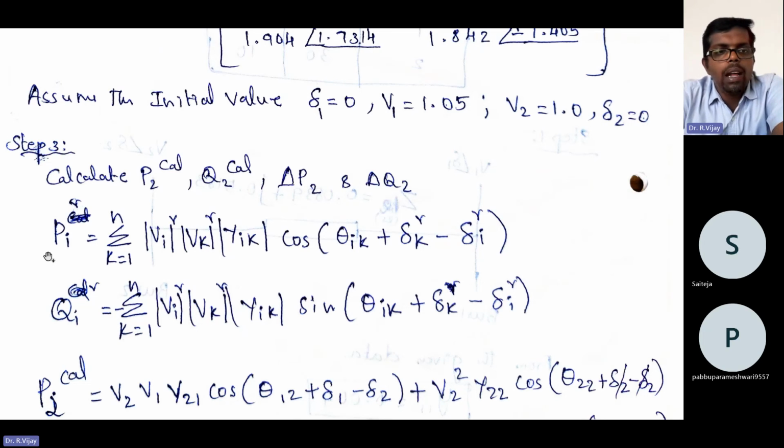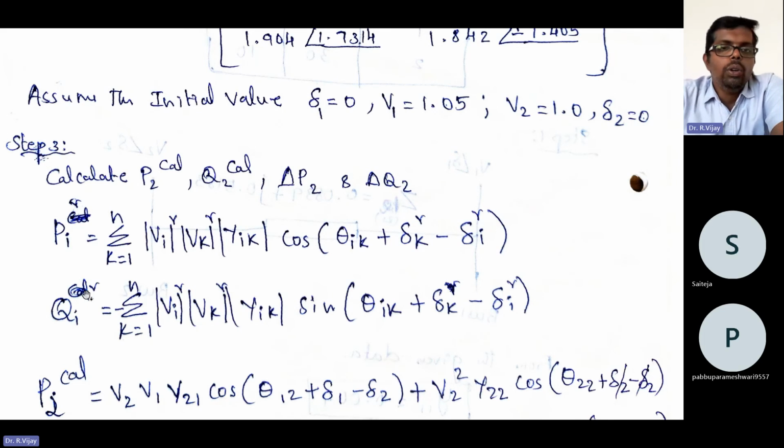So what is the formula? Pi calculated is equal to summation k equals 1 to n of modulus Vi into modulus Vk into Yik cos of (theta ik plus delta k minus delta i).